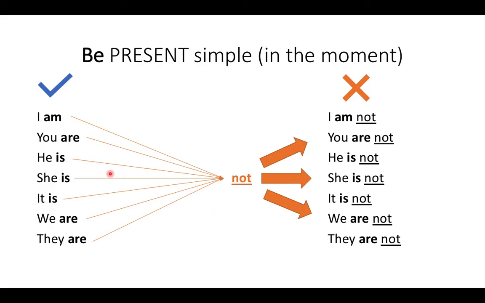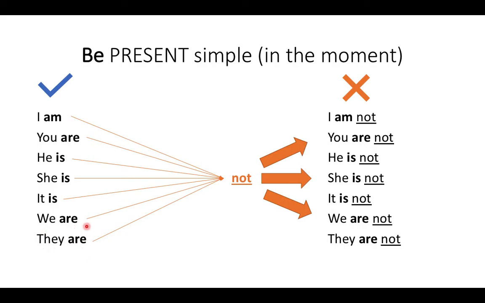We make a negative with be present simple tense, meaning in the moment. So things we're talking about right now, in the moment. So we have all of the present tense here: I am, you are, he is, she is, it is, we are, they are.